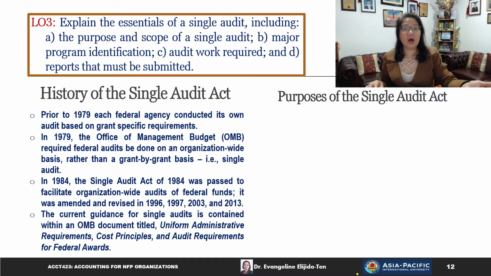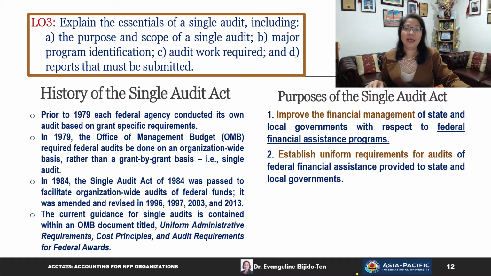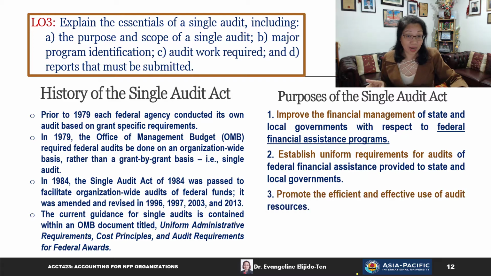The purposes of the Single Audit Act are actually fourfold. The first one is really to improve the financial management of state and local governments with respect to federal financial assistance programs. Second is to establish uniform requirements for audits of federal financial assistance provided to state and local governments. Number 3 is to promote the efficient and effective use of audit resources.